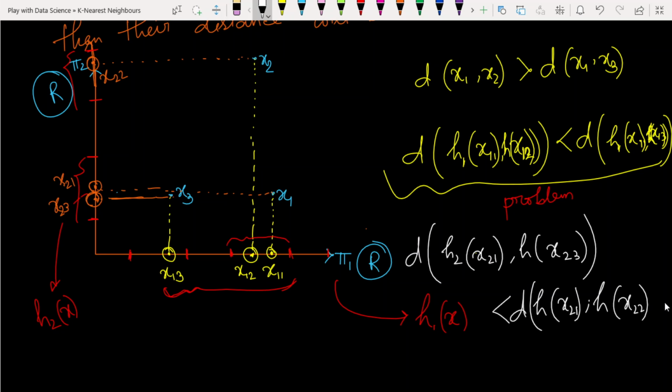I am taking this Euclidean distance, and this distance is also clear.